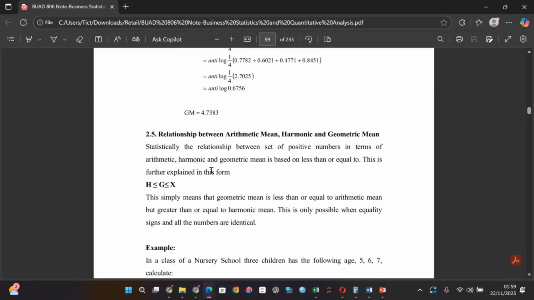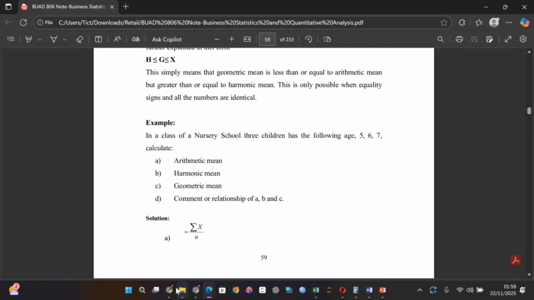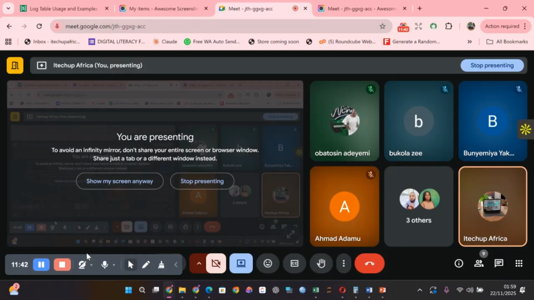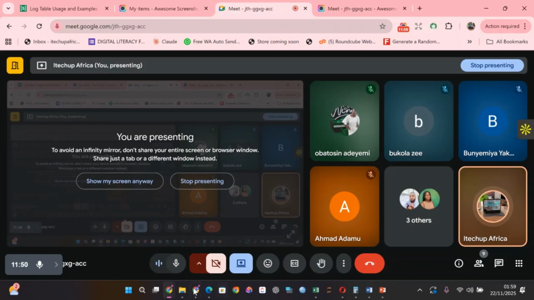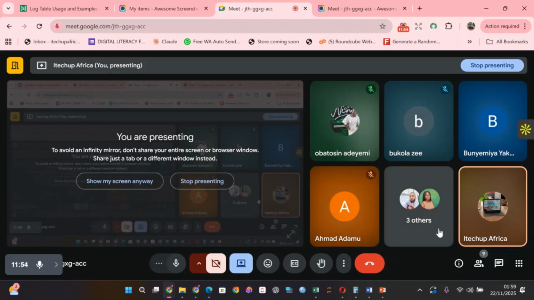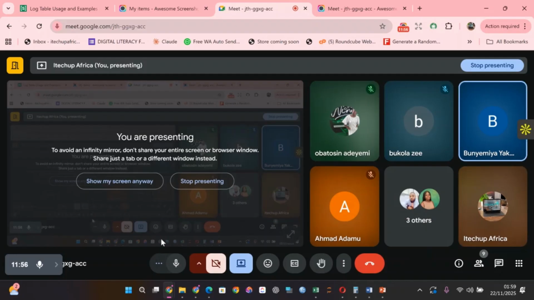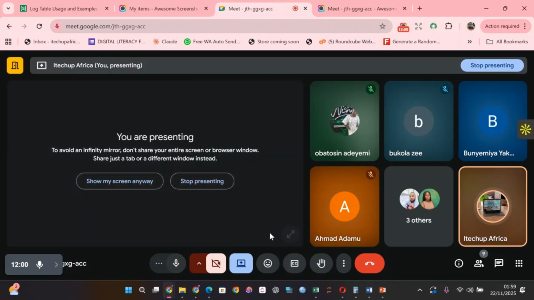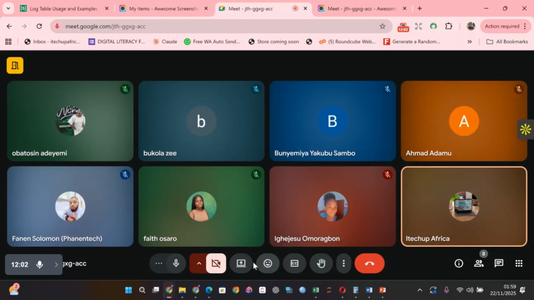My screen is actually showing here on my own end because I have a preview of that screen and it's moving. Is it just her or other people too with the same issue? So I will know what to do. I'm having the same issue as well. Okay, so I'll stop presenting and then present again.